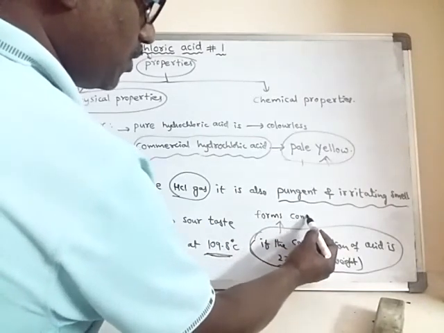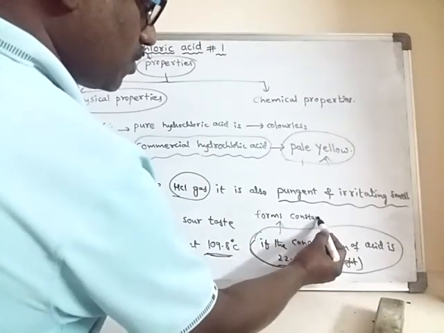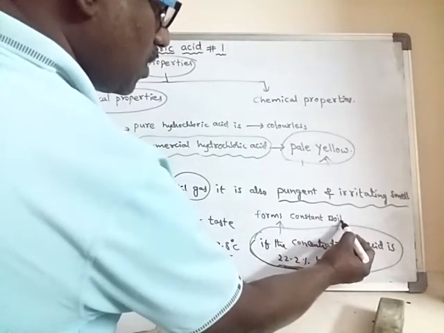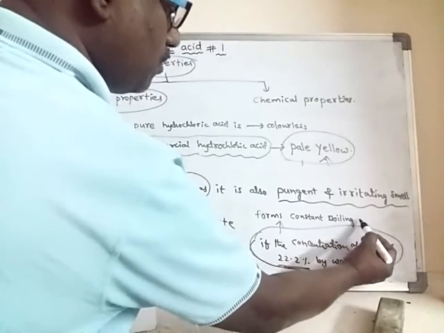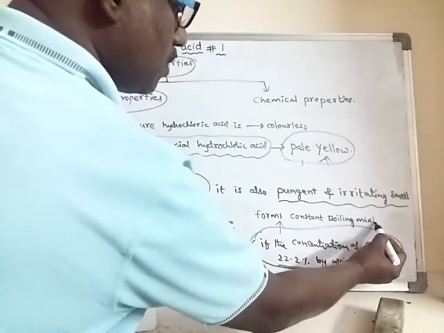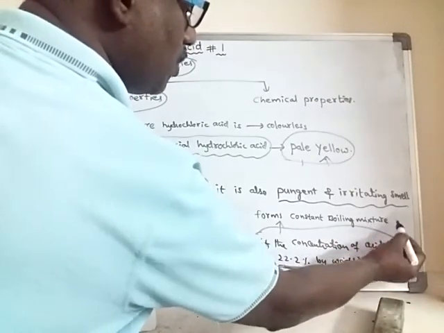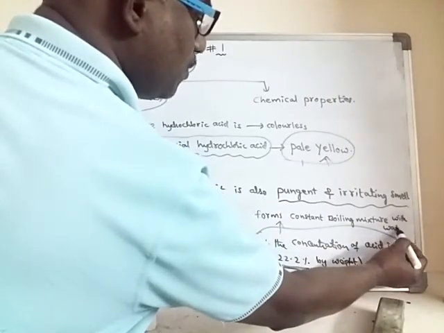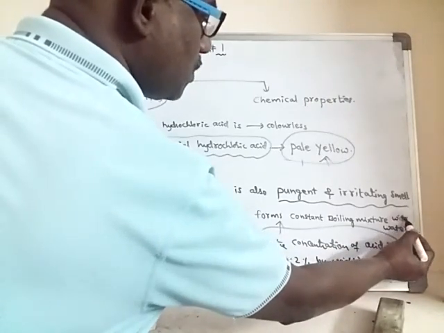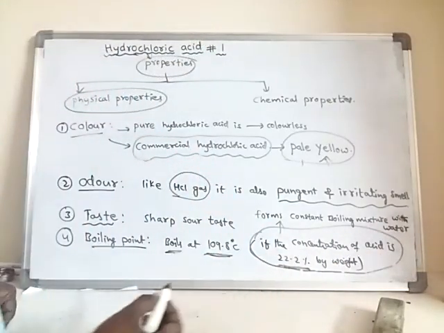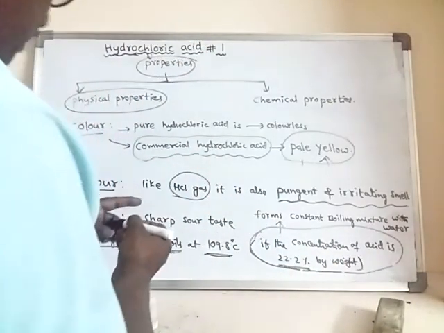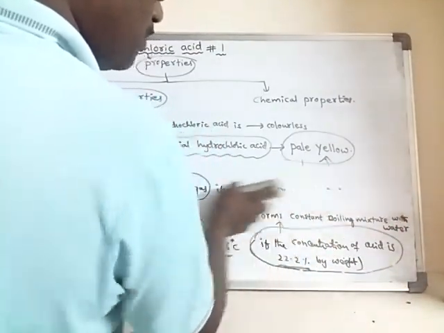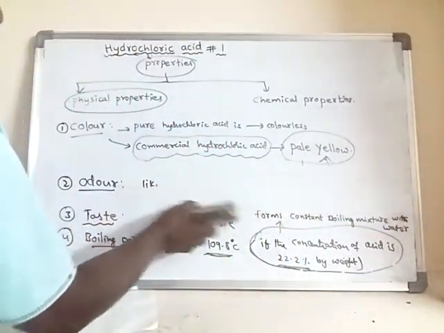This is important: it forms a constant boiling mixture with water. That mixture is said to be an azeotropic mixture.